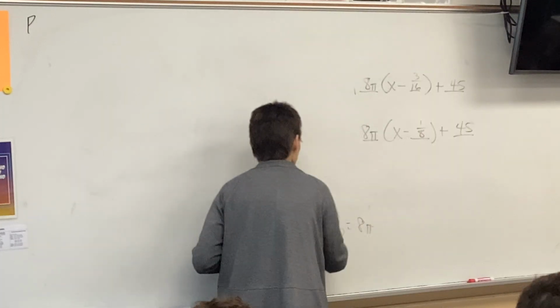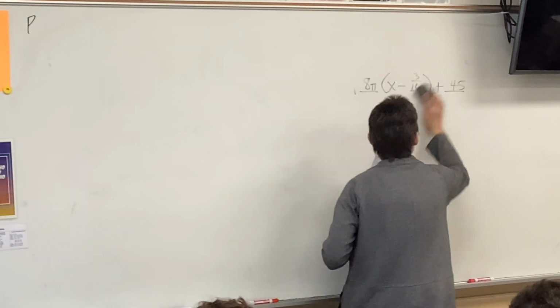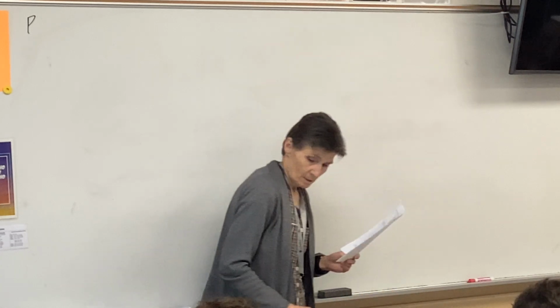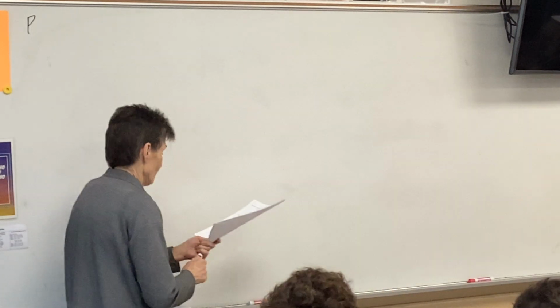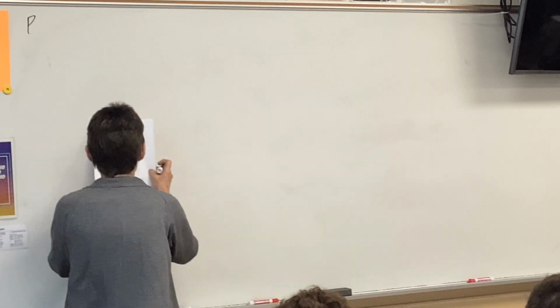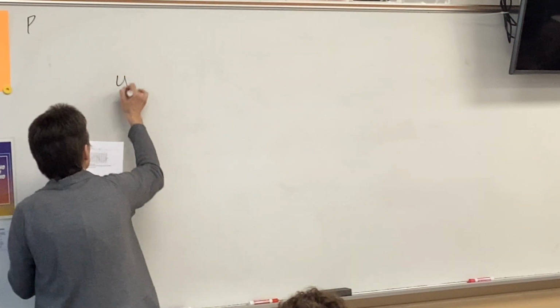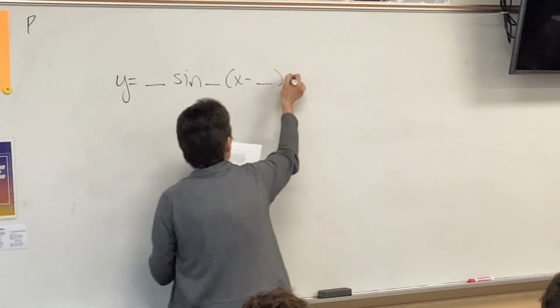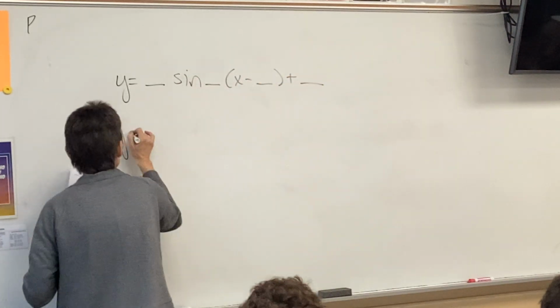And because we never know if we'll be asked to do a sine or a cosine, we're going to do both. So for number 2 on page 1, we're going to write a sine equation and a cosine equation.